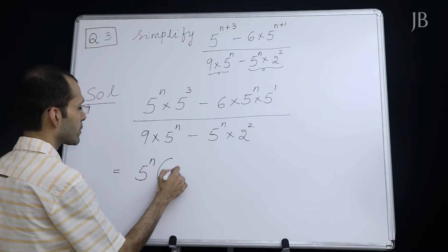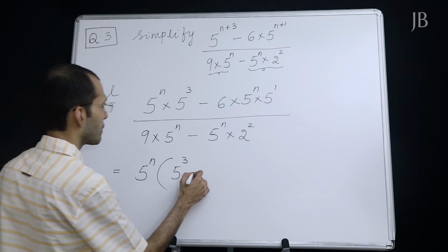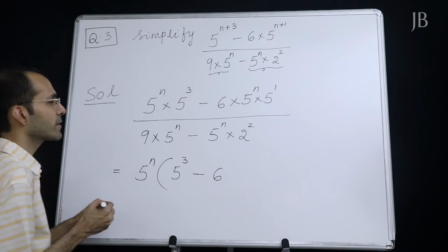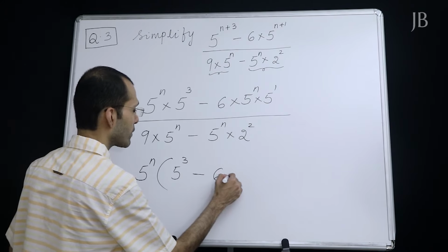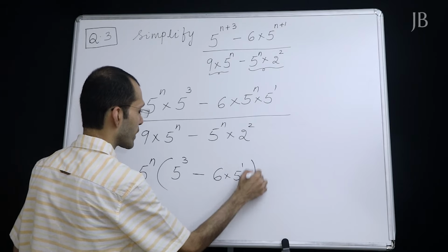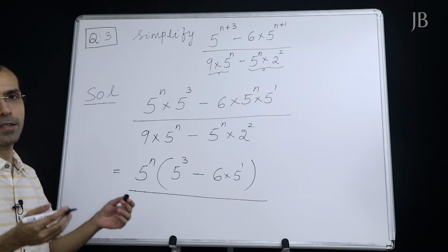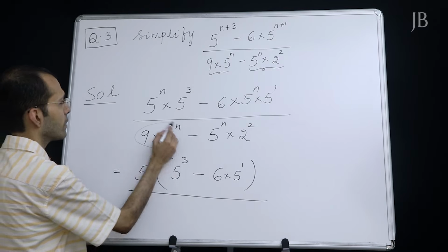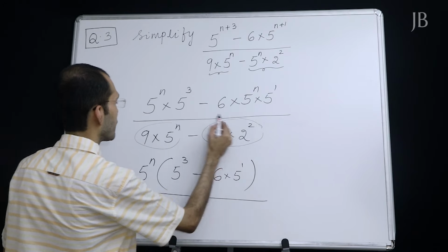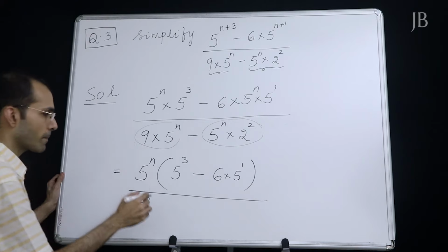So here you are left with phi raised to 3, because this is taken out, minus 6 into phi raised to 1, since phi raised to n is already taken out. Something similar we do in the denominator. This is one term and this is your second term. Here phi raised to n we take common.